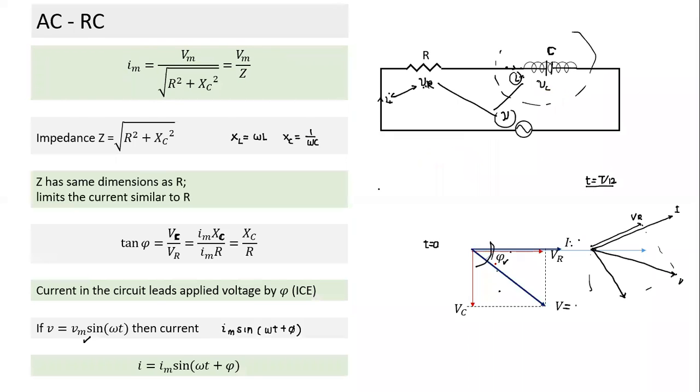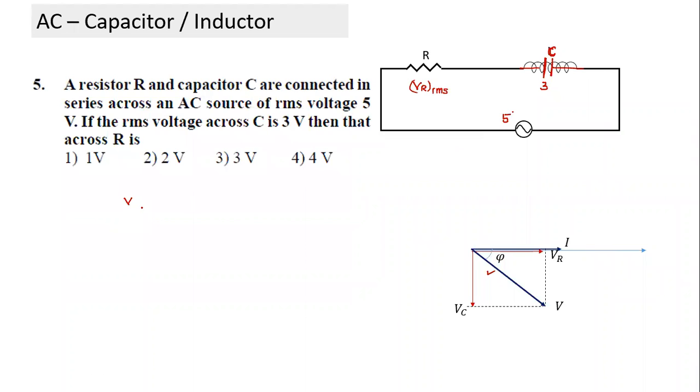So the applied RMS voltage squared is equal to VC RMS squared plus VR RMS squared. This forms a Pythagoras triplet, because these two phasors are at right angles to each other. So VR will be equal to 4.